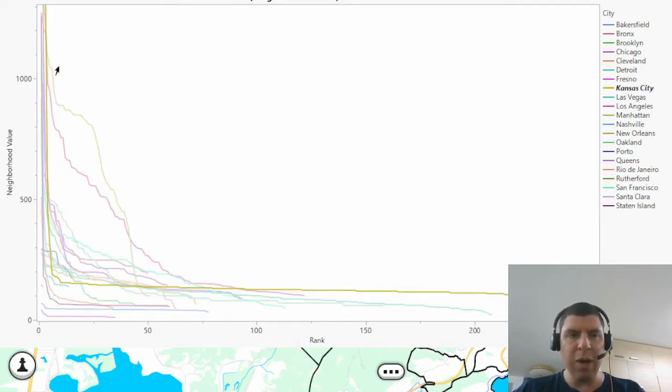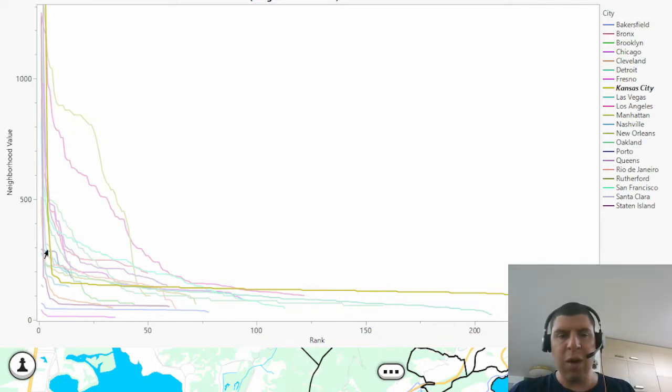So when I'm looking at a line like this for Kansas City, I'm not interested in the most expensive neighborhood, and I'm also not interested in the least expensive neighborhood. I want to look at the neighborhood that is ranked right in the middle. If there are 250 neighborhoods in Kansas City, I want to look at the neighborhood value of the one at 125, and this neighborhood value is 123.